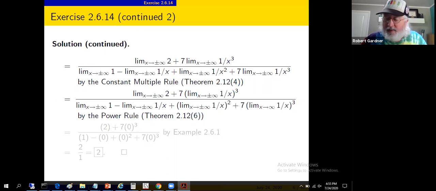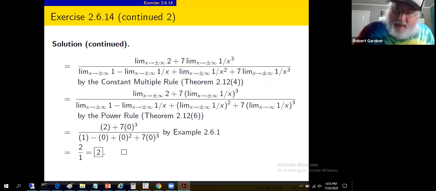It was example 2.6.1, parts A and B. We just didn't do part B. So this is why we consider x approaching positive and negative infinity at the same time, in hindsight. This works because I know what 1 over x does when x approaches positive infinity and negative infinity. In both cases, it gives a limit of 0. So I replace this limit, this limit, this limit, and this limit with 0. So we get 0 there.